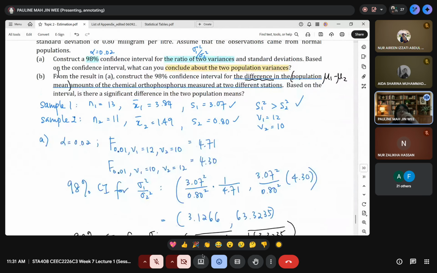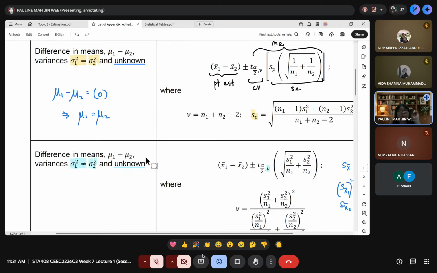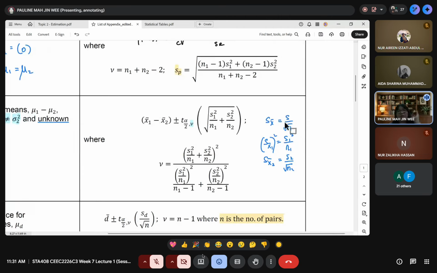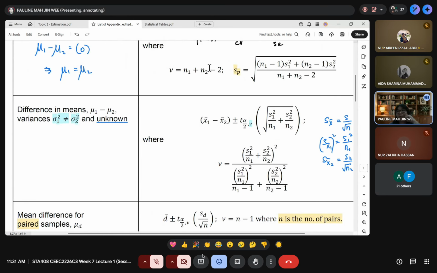From the result in A, that means what you have found out from A, you concluded that 1 is not in the interval. This is unequal variances assumed. So when you work out your second part, you need to assume unequal variances. You need to check out this formula instead of the first formula up there. Can follow?